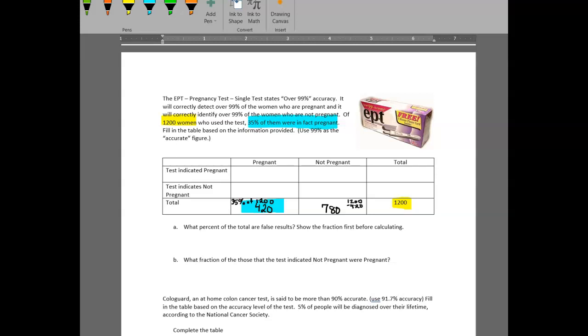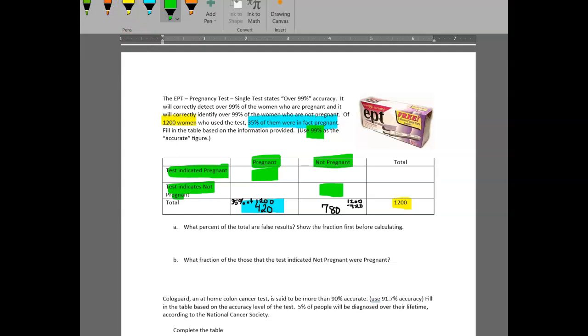Now we're going to use the accuracy level. We have 99% accuracy that if a person is pregnant, the test indicates pregnant, or 99% accuracy that if you are not pregnant, the test indicates that you're not pregnant. So that's these boxes here.